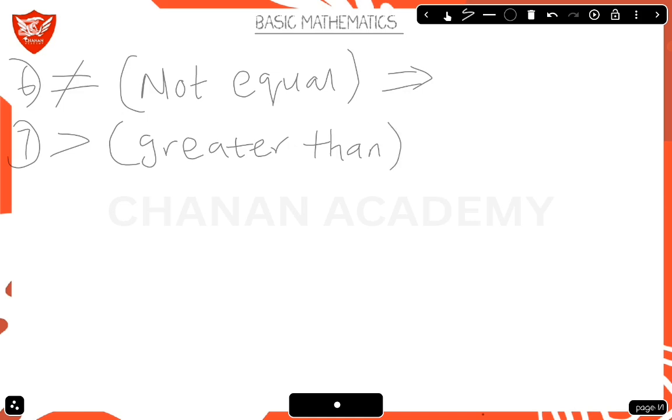Let's say if a is greater than b and a is equal to 5, it means that b can take values that are below 5. b can never be greater than 5.